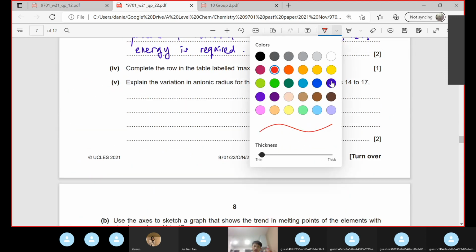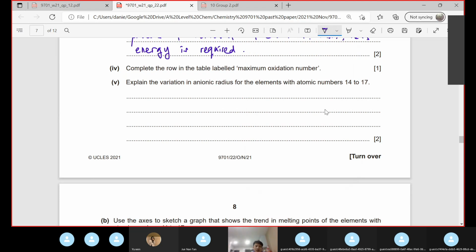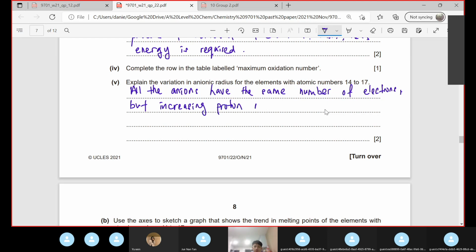Then what you need to write down is, first thing first, you can say that all the anions here have the same number of electrons, comma, but increasing proton number from elements 14 to 17.